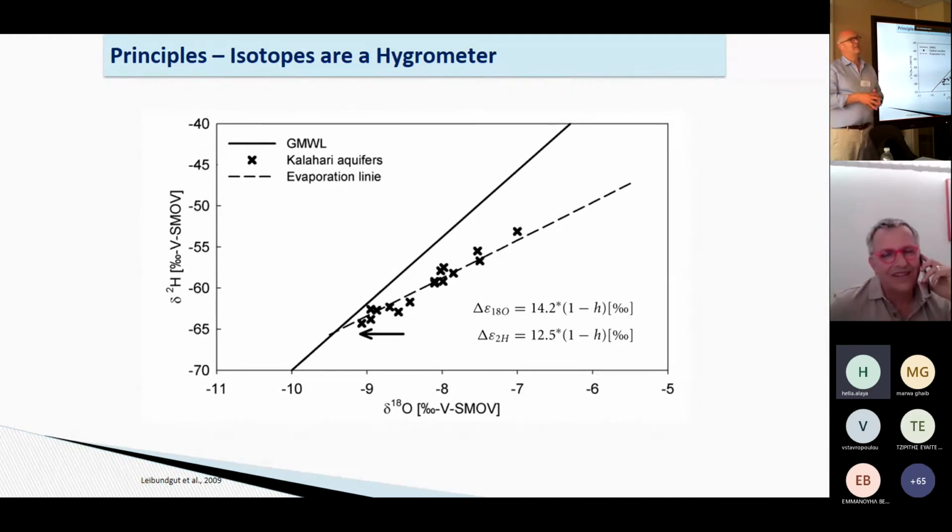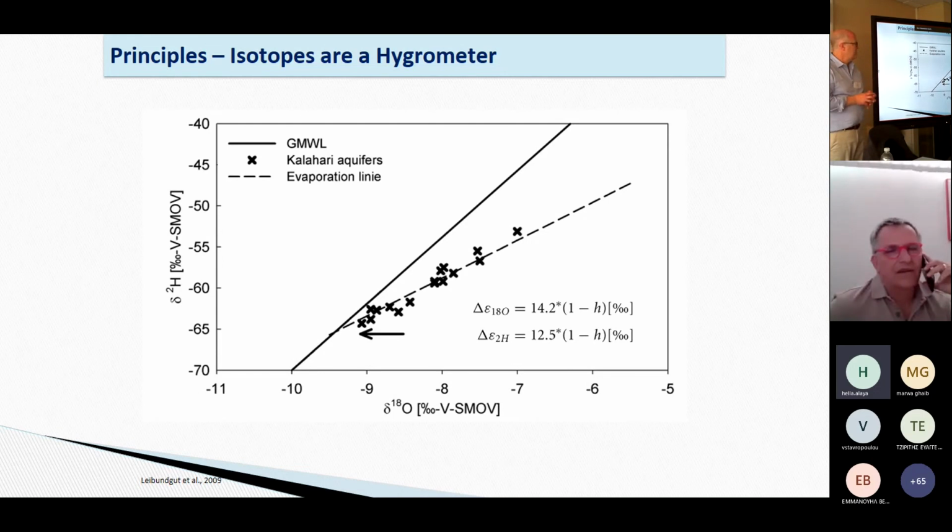So in Cyprus, you will see rainfall that comes from the Atlantic has +10, and rainfall that comes from the Eastern Mediterranean has +20, which is interesting because you can determine how much rainfall stems from internal recycling in the Mediterranean and how much rainfall comes from external input into the Mediterranean.